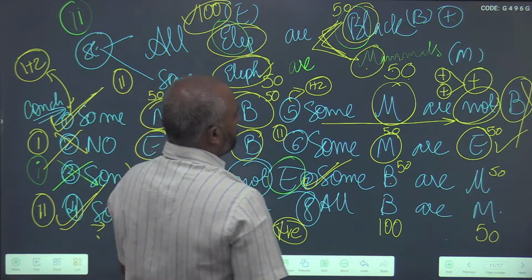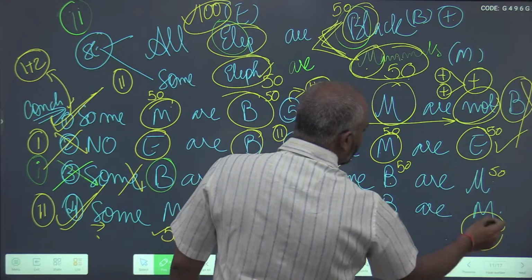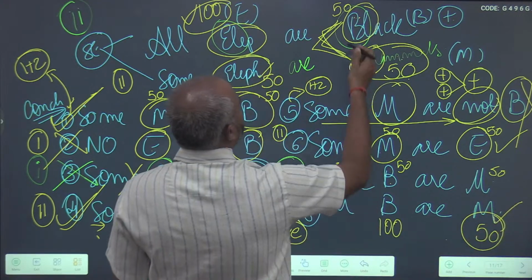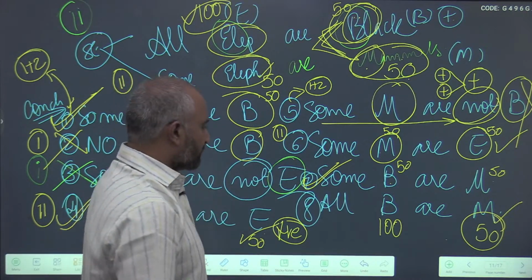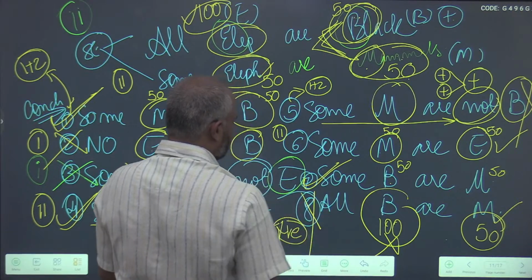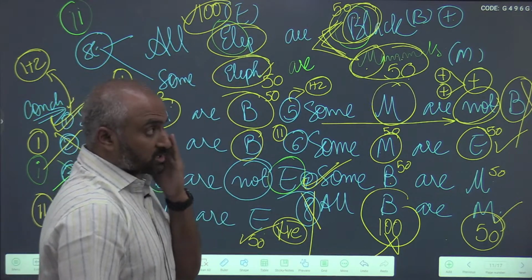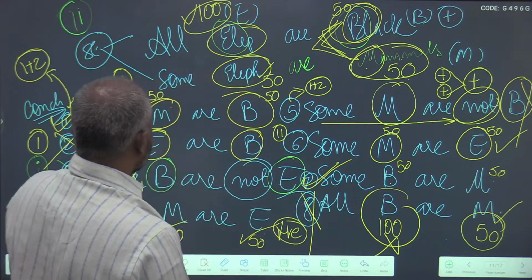Now M, which has a value of 50 in the statement, can become 50. But B's value in the statement is 50. It cannot become 100. So conclusion 8 does not stand.